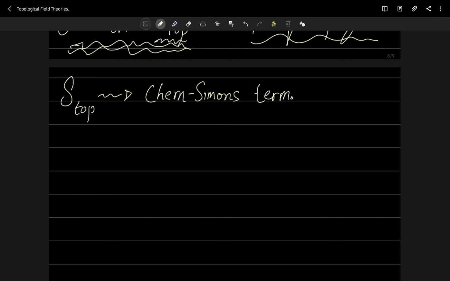Then what we can say is that the energy-momentum tensor T mu nu, which is proportional to delta S over delta g mu nu, is 0, because there is no g mu nu to vary with. What this means is simply that the energy momentum vanishes.